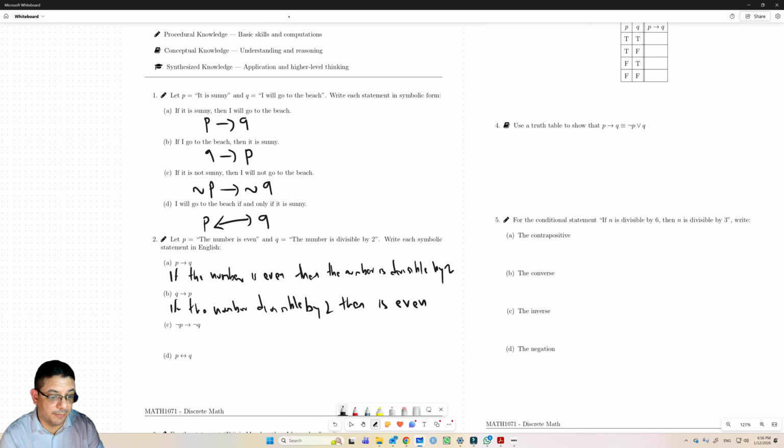We have negation of P implies negation of Q, which will be: if the number is not even, then it is not divisible by 2.